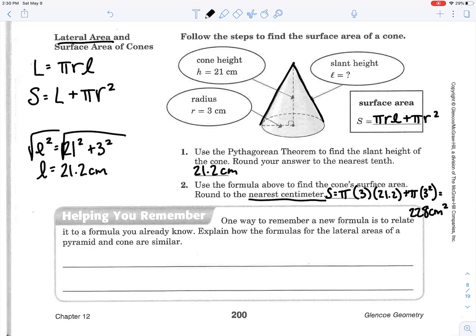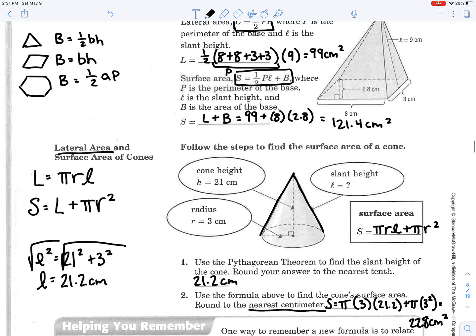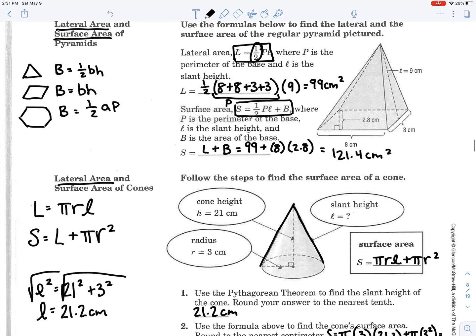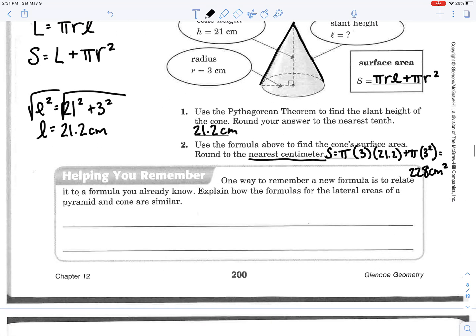One way to remember a new formula is to relate it to a formula you already know. How are the lateral areas of a pyramid and a cone similar? Well, if we look at them, remember we said they're both half of that prism and half of the cylinder.